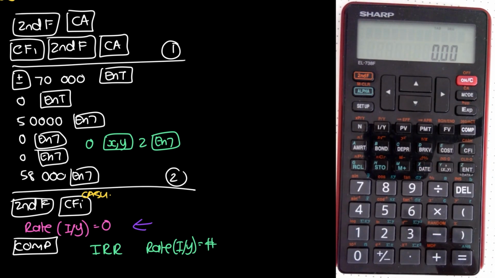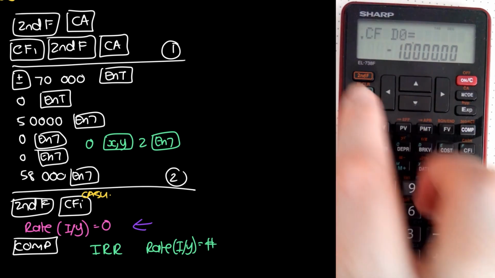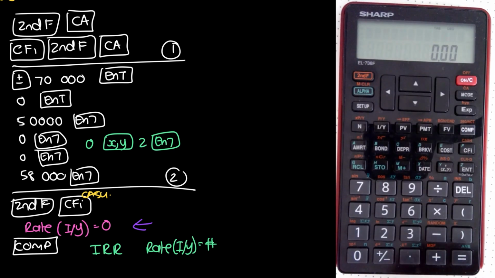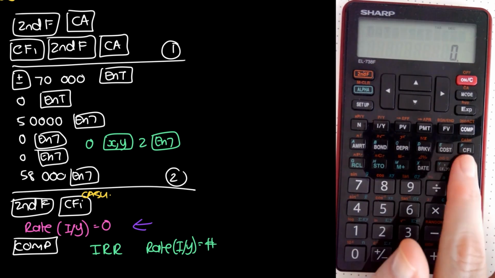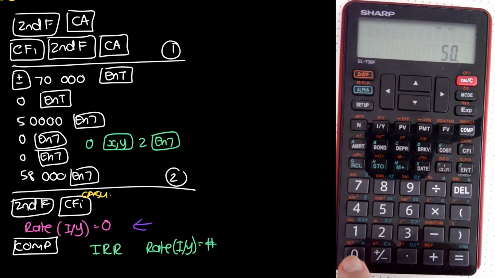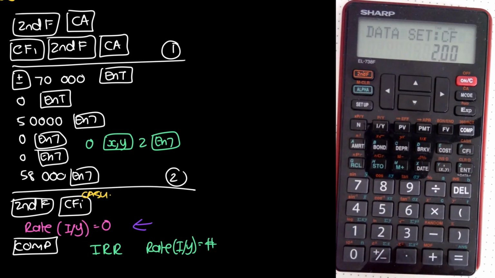Then next up, we are going to go through CFI, second function CA to clear that. Second function CA to also do the clearance of everything else. Then we're going to put in our data, which is minus 70,000, enter. 0, enter. 50,123, enter.